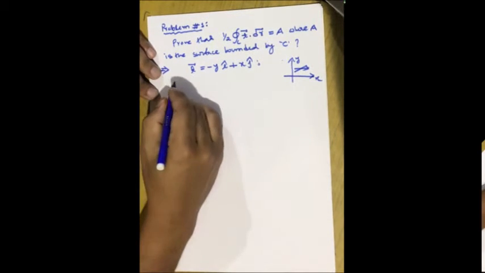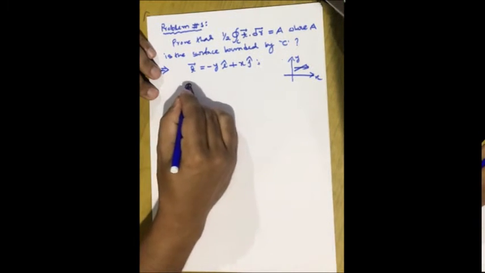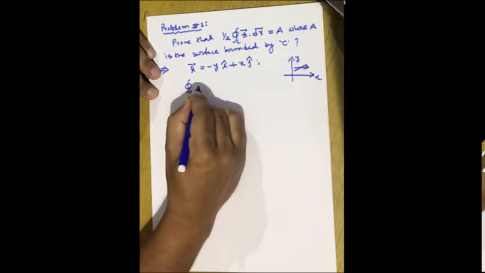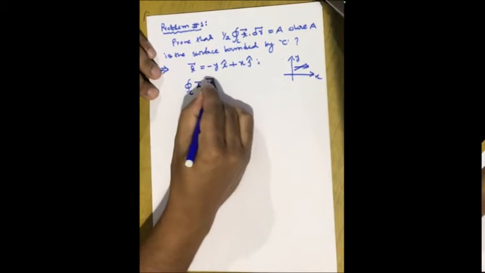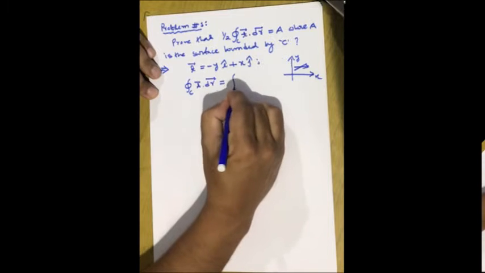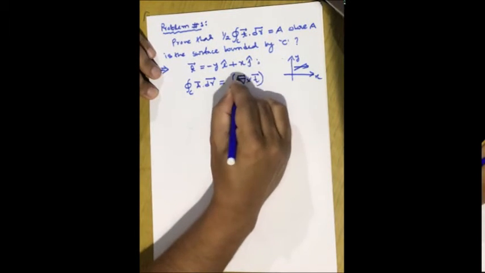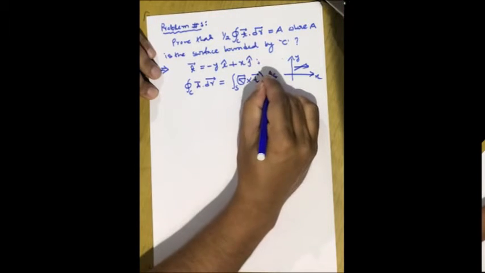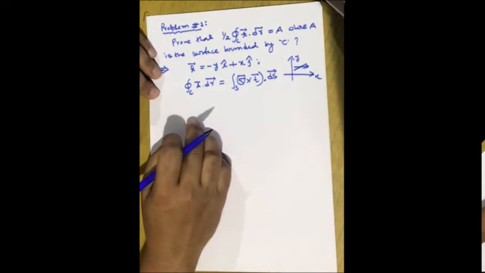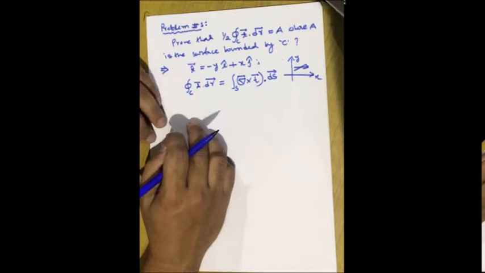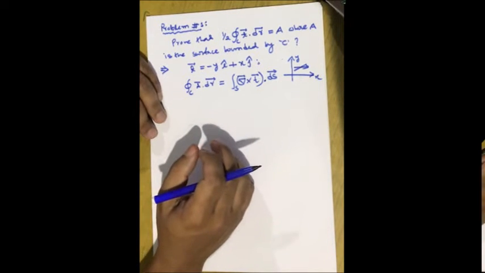According to Stokes theorem, the line integration of T dot dr will be equal to the surface integration of del cross T vector dot dS vector. This is the statement of the Stokes theorem.